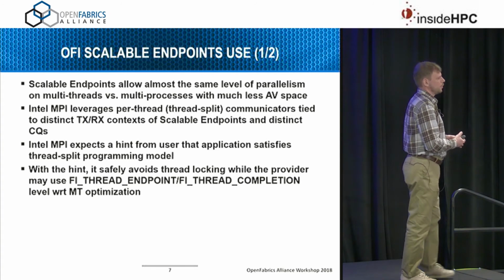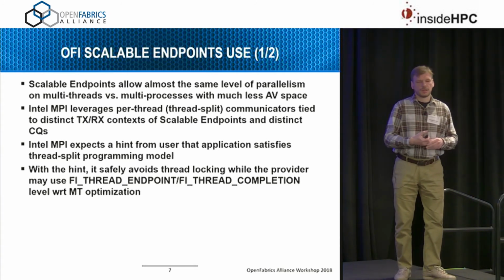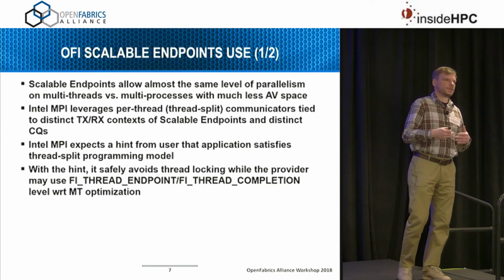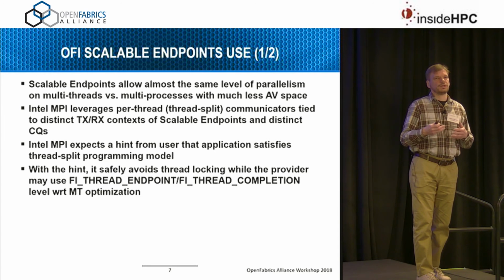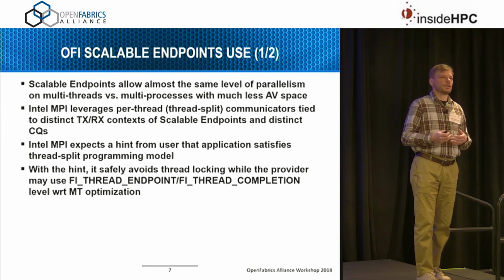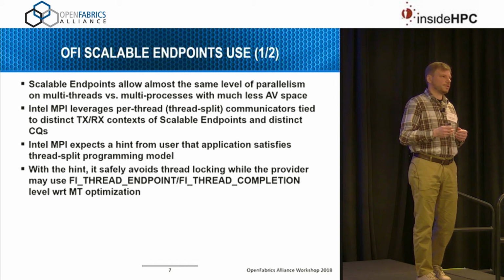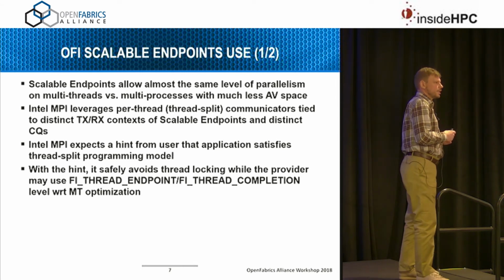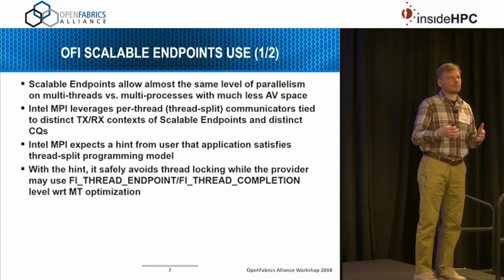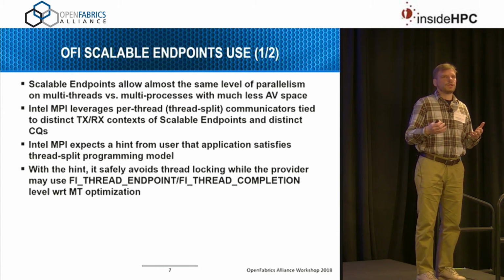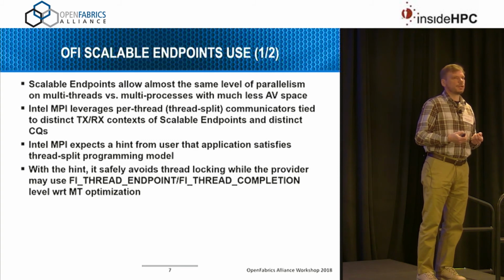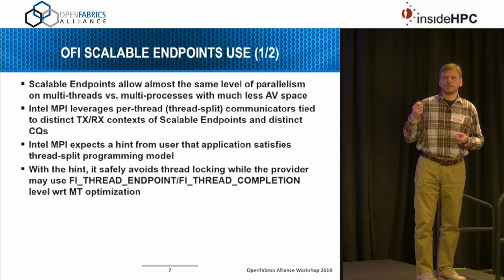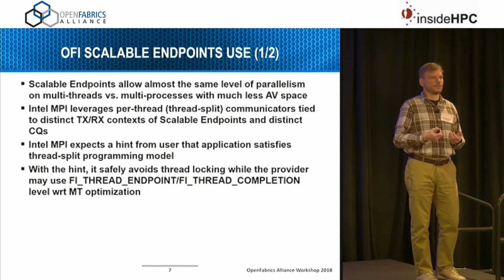Generally, at the init stage we create multiple receive and transmit contexts. We bind completion queues to those contexts, and basically we get independent channels. We create independent channels to fabrics, and we efficiently use them from multiple threads.